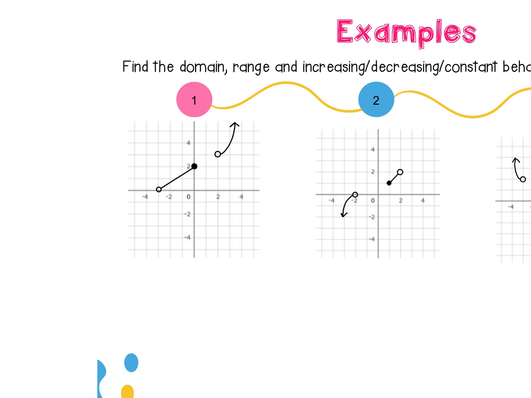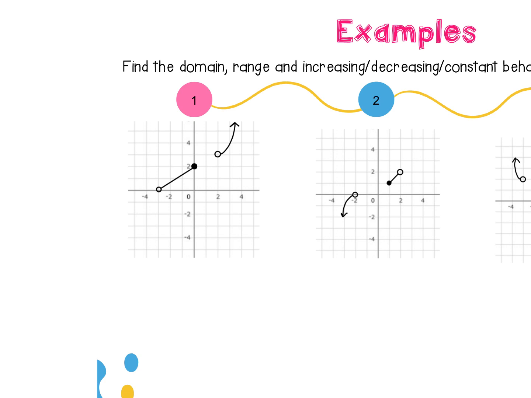When you're doing this on WebAssign, if it does not have a portion of the graph that is increasing, you're going to type in DNE, does not exist. So anything that does not exist as far as the increasing, decreasing, constant, that's what you'll type in. Now, you will have answers for domain and range. And this one, you do have to use the brackets.